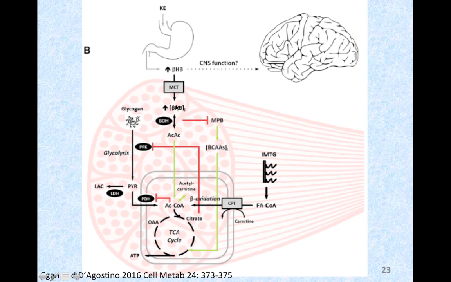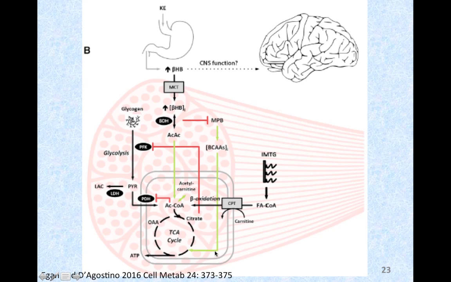Along the way, beta-hydroxybutyrate is actually inhibiting muscle protein breakdown. So beta-hydroxybutyrate in skeletal muscle tends to inhibit muscle protein breakdown. That decreases the release of branched-chain amino acids that are typically able to become ketogenic.